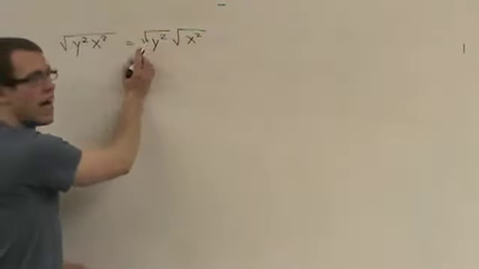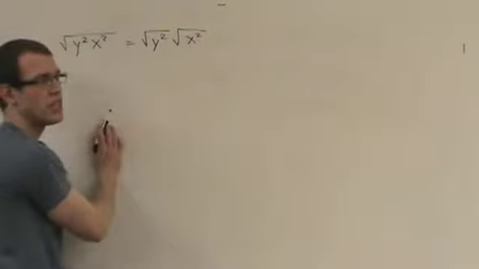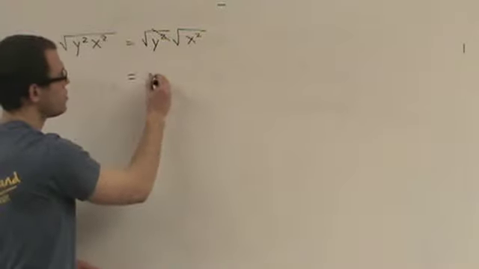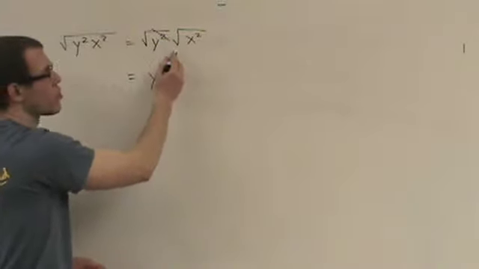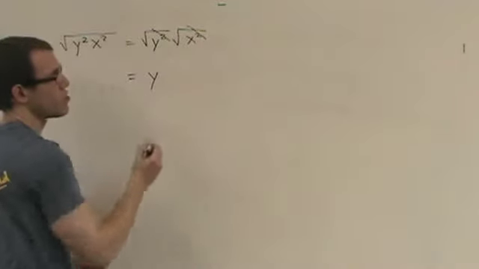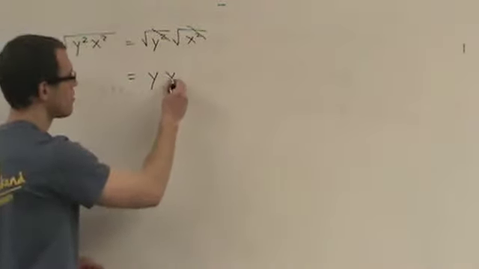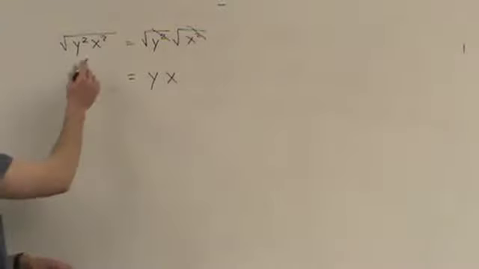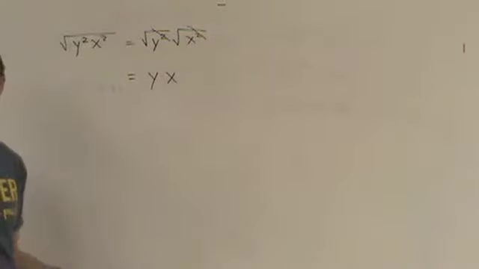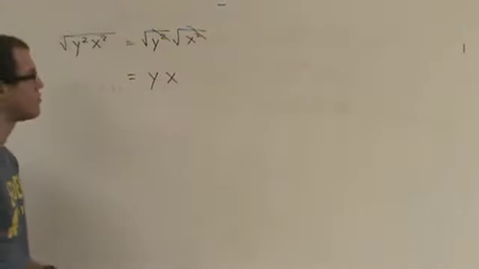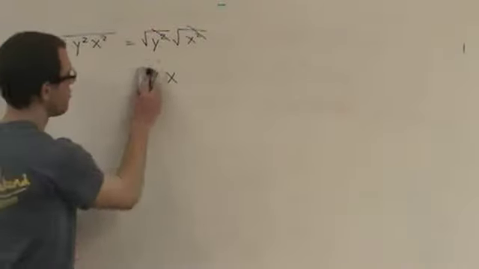Now you can look. We have a square root and a square. That means we can cancel them. So this is just y. Look, we have a square root and an x squared. We can just cancel the square and the square root, so it just becomes x. So the square root of y squared times x squared is simply yx. Simple as that.